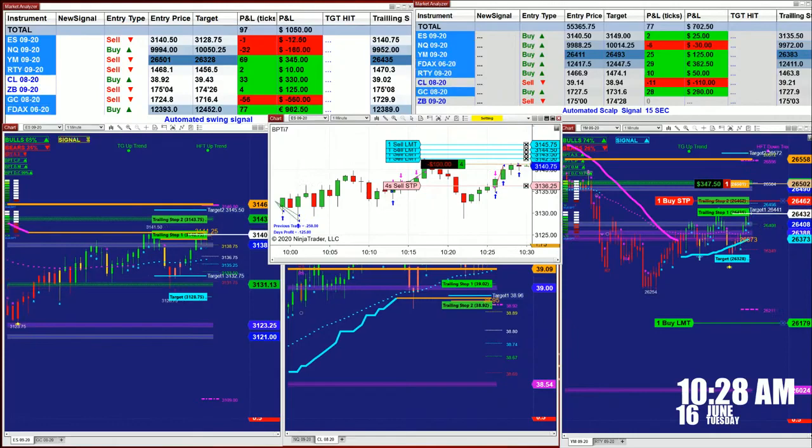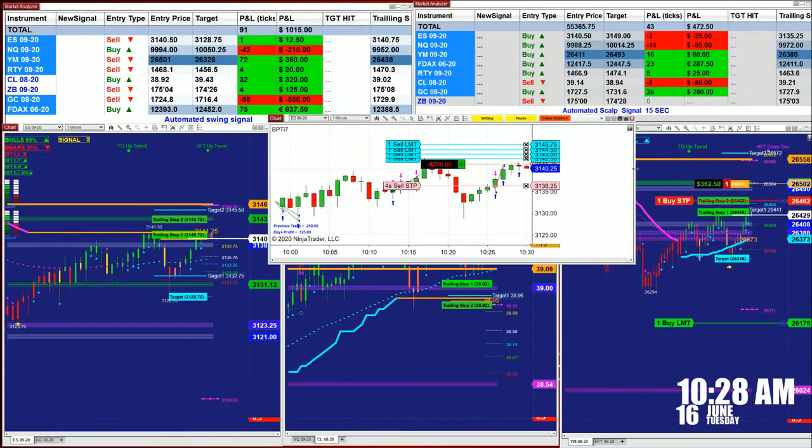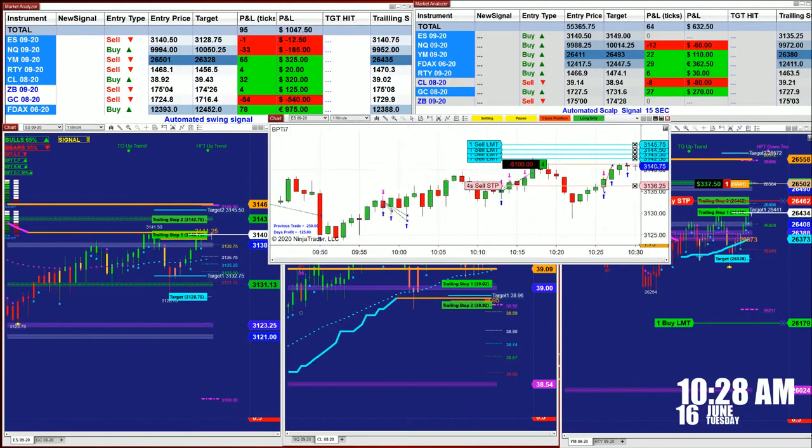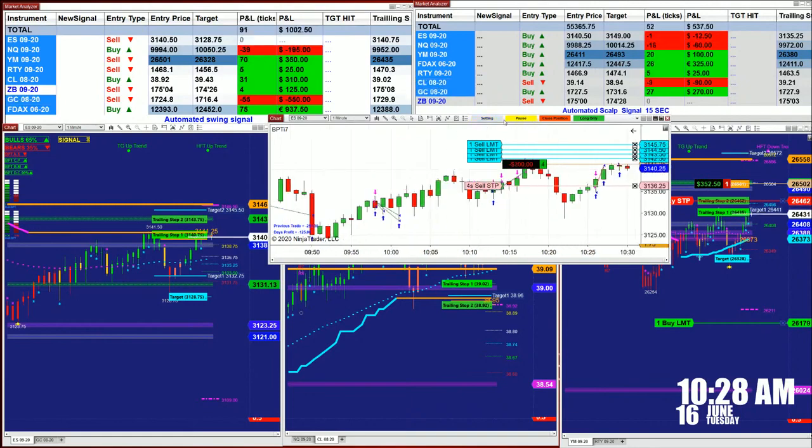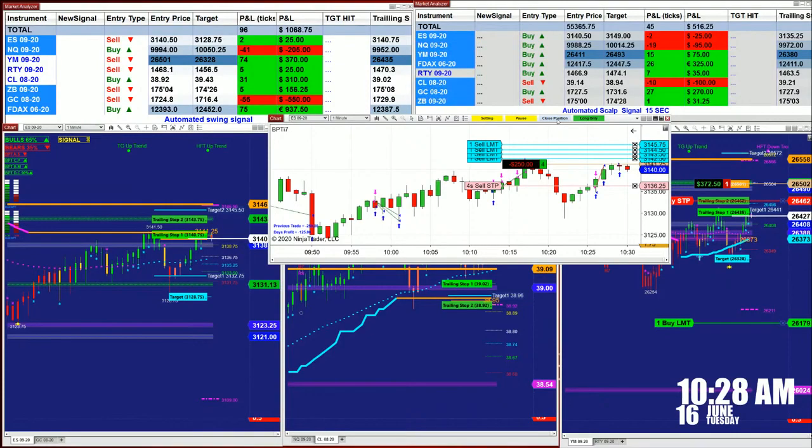So one of the things also, when you see an auto trade get in a struggle, you can immediately close that position, and the auto trade is not going to turn off. It's going to stay, but it's going to close that position and stay armed for another trade.